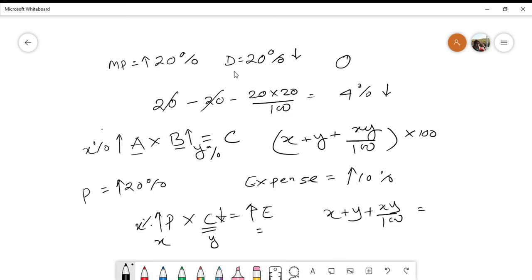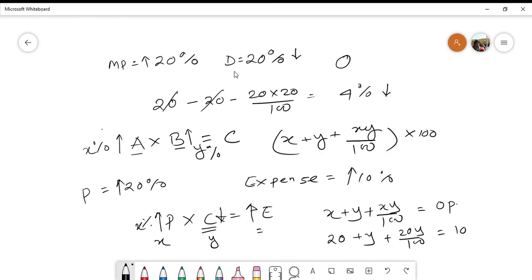We know x is 20, and we know the overall is 10, and then we have to solve this for y. This is a linear equation with only one variable, so we can solve it for y, and it will give us a negative value. You can see that this will become minus 20, minus 10 when 20 goes there. That means it will be decremented. The consumption will be decreased by a certain percentage that you can easily calculate, right?